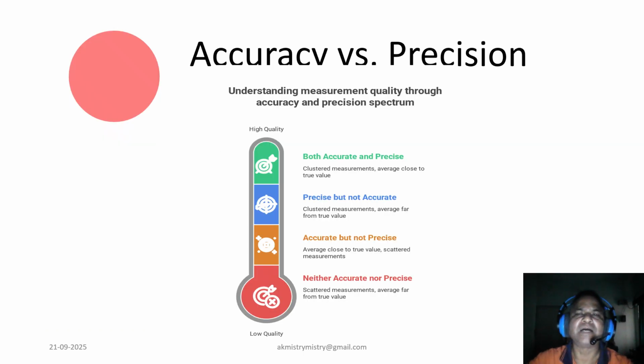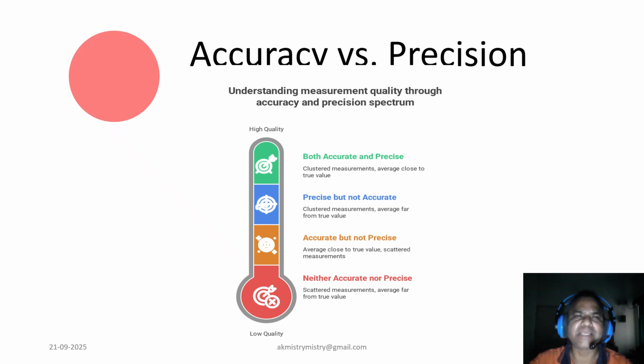Now, it's a matter of accuracy and precision. So let's talk measurement quality. Accuracy means how close we are to the true value. So it is about taking a reference point of true value, whereas precision means how consistent our measurements are.